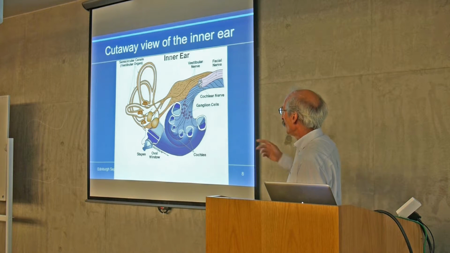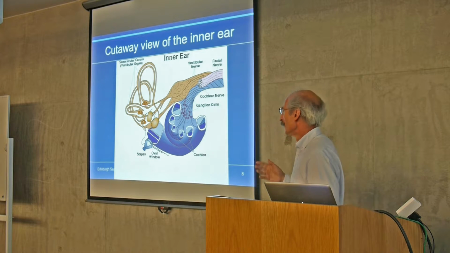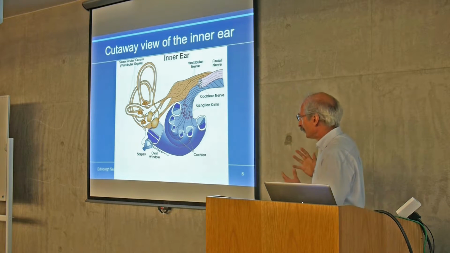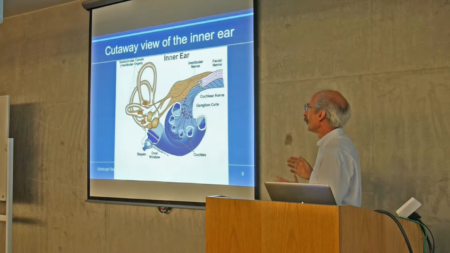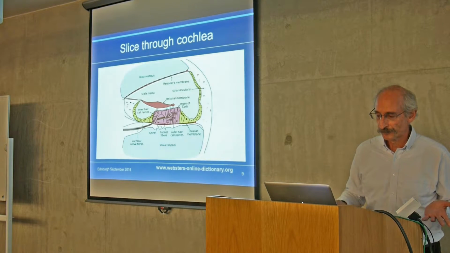So the pressure wave from the bones of the middle ear turns into a pressure wave inside the cochlea, and that's detected in turn by the organ of Corti and sent down the cochlear nerve to the brainstem.